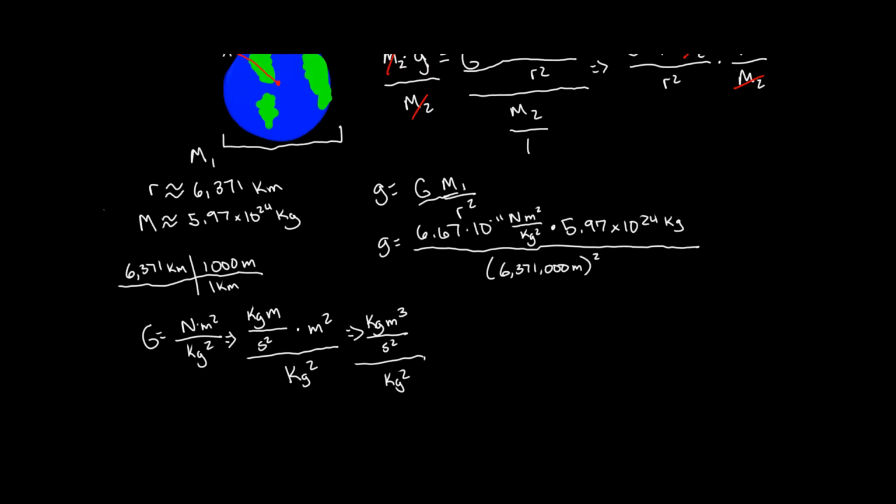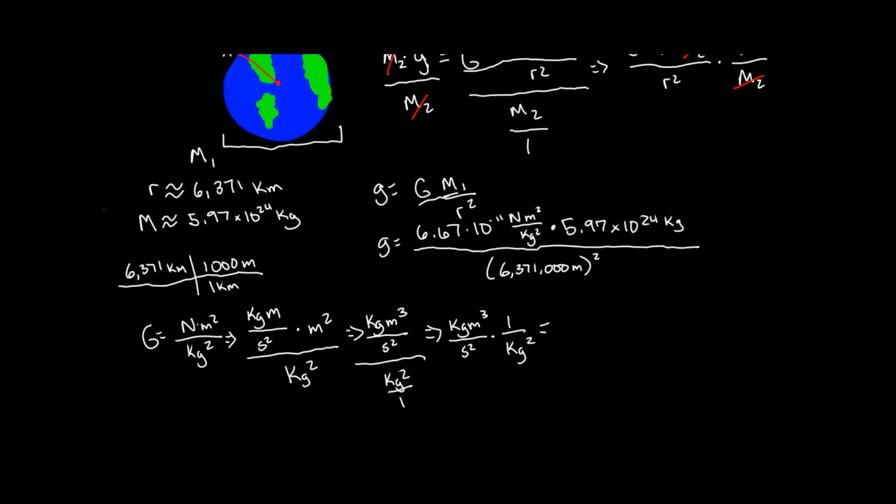Now we're doing fractional division, so as we've discussed many times, we need to imagine this as a fraction and multiply by the reciprocal. So that's going to give us a kilogram meter cubed over second squared times 1 over kilogram squared.